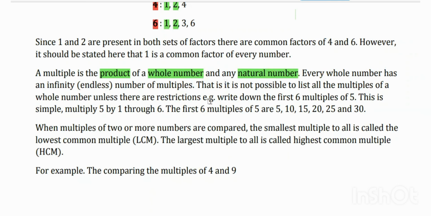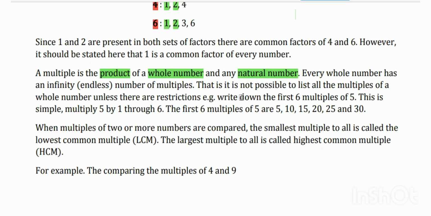It is not possible to list all the multiples of whole numbers unless there is a restriction, for example, the multiples of 2 between this number and this number. Then you can list all the multiples. But if you're not given the limit, then the multiples are endless or infinite.